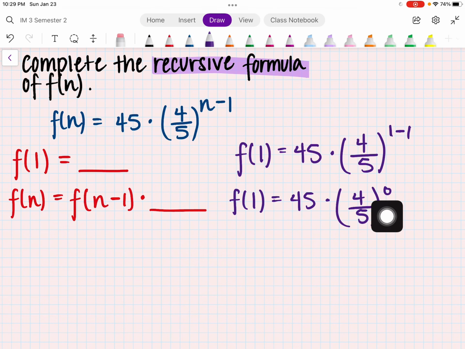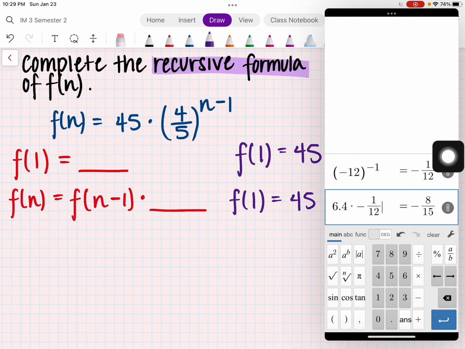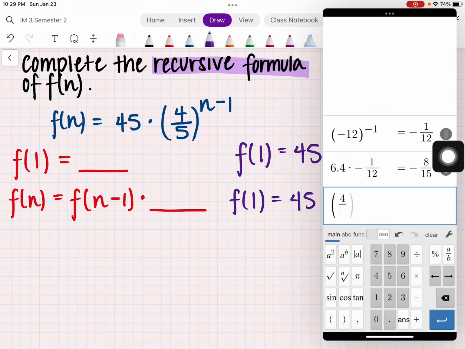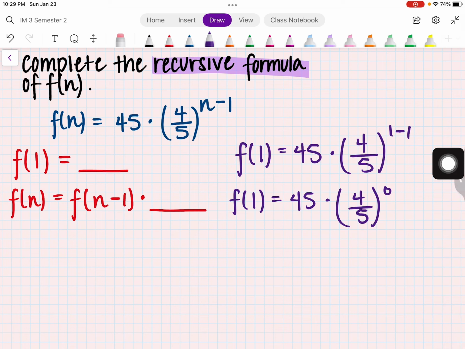Now, in this case, guys, anything raised to the 0 power is going to give you a 1. So if I input this in the calculator, 4 over 5 to the 0 power, our result here is a 1. So f of 1 in this case equals 45 times 1, which is just going to be 45.